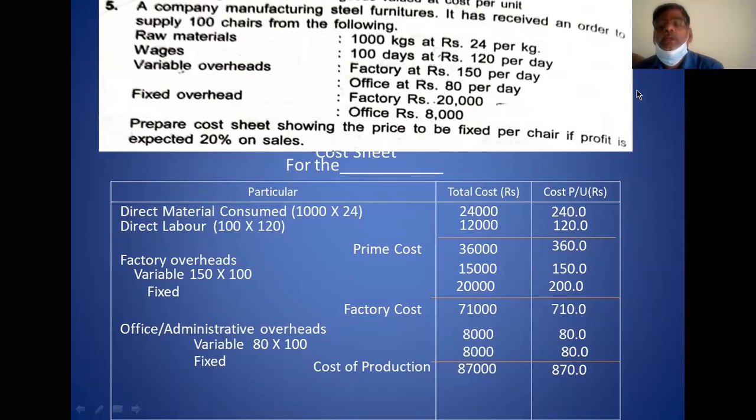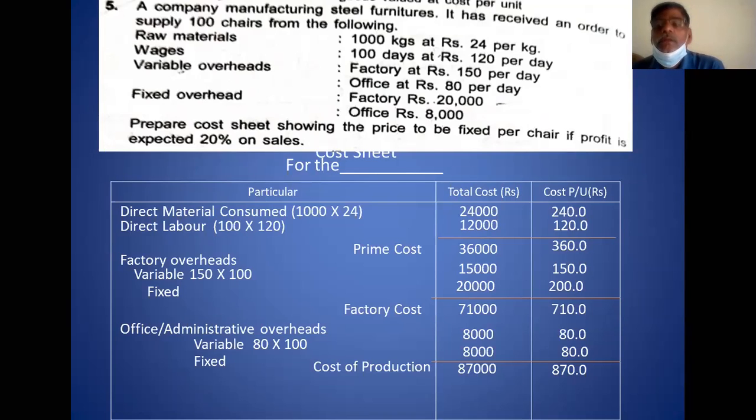Suppose 100 rupees the sale. In that 100 rupees sale, there is a 20 rupee profit and 80 rupees the cost. Am I right? For every 100 rupees sale, profit is 20 rupees.